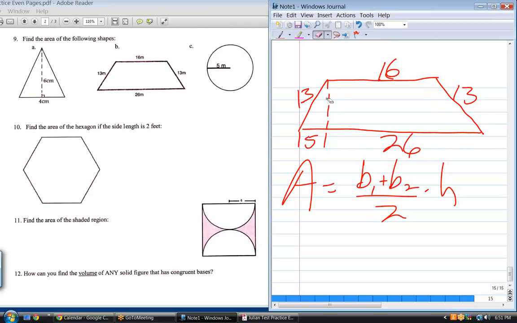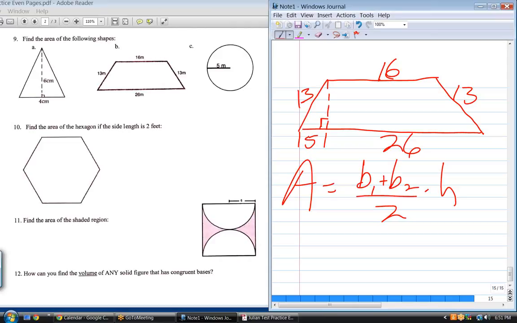So what's that height right there? Is it 5 times 13? No, this is a right triangle. So what kinds of right triangles do you have to know? You have to know a 3, 4, 5. Write that on your card.